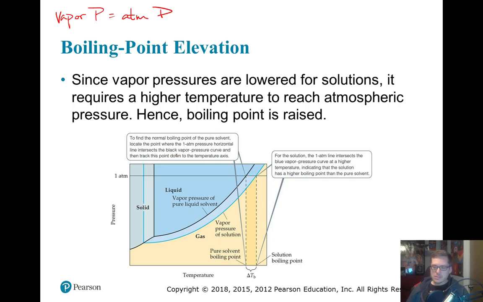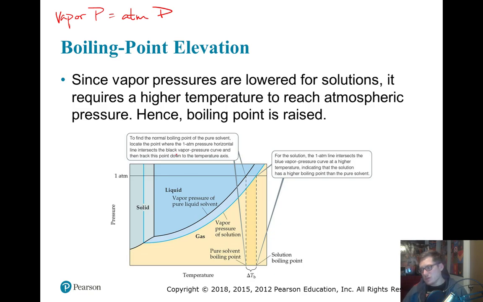This is essentially why, if you've ever heard that spaghetti cooks faster if you add a little bit of salt to your boiling water, it actually does, because you're making the solution be at a higher temperature. Remember, when anything is changing phases, the temperature cannot change until it has completely made it to the next phase.